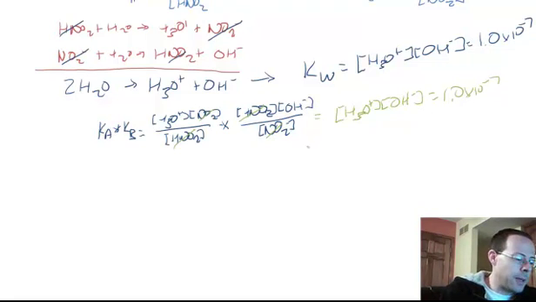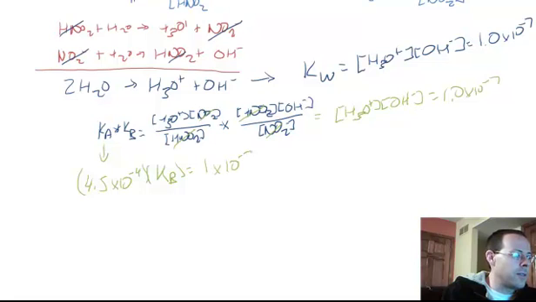So if we look up nitrous acid for real, its Ka value is 4.5 times 10 to the negative 4th. So if we needed to know its Kb value, we just said Ka times Kb, and we know that Ka times Kb always equals 1 times 10 to the negative 7th.